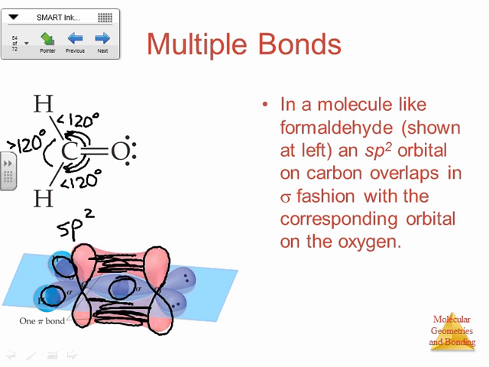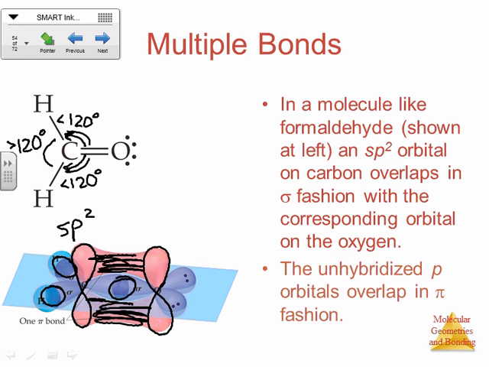Again, this is one theory of bonding. And it's important to know that these p orbitals that overlap to form the pi bonds are unhybridized. And so you've got these hybridized orbitals here, the sp2 hybridized orbitals. This is getting too messy.